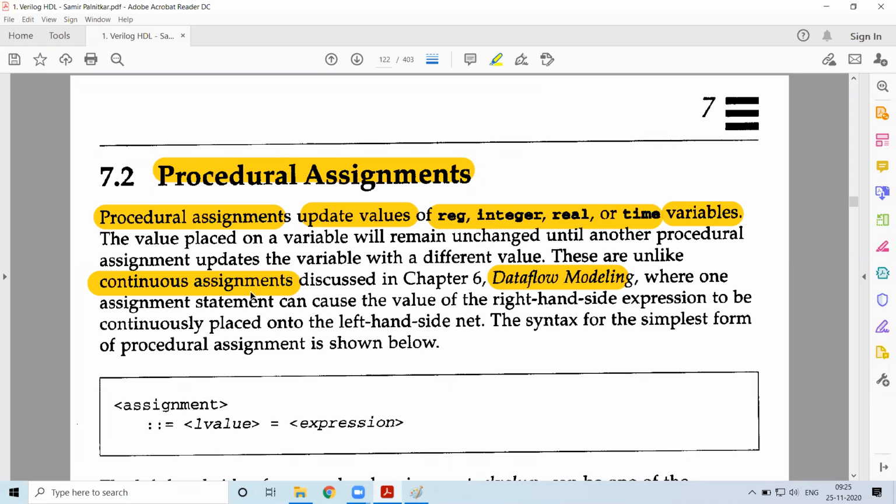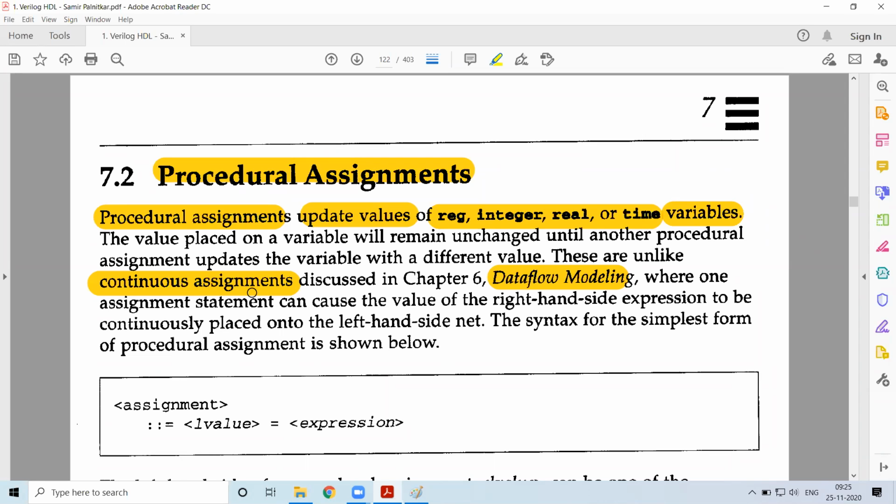Continuous assignments, the name itself tells assignments happen continuously. If anything changes with respect to the variables, the assignment will be done to the variable which is dependent on those changed variables. But in case of procedural assignments, it has to follow some specific steps. That is, you assign the values.